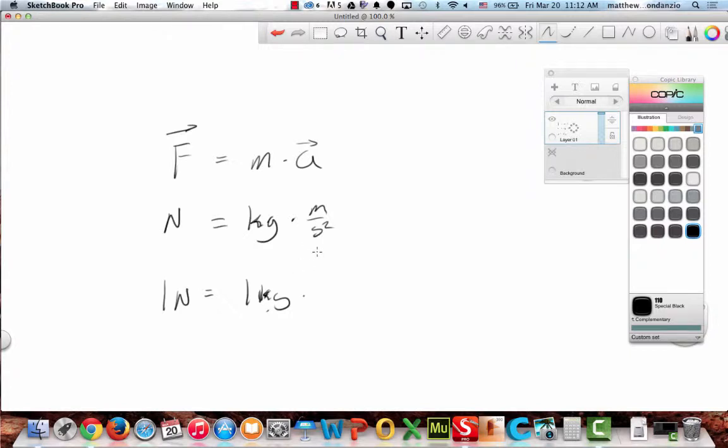How is it going to change its velocity? 1 meter per second, every second. So it's going to take 1 Newton of force to take 1 kilogram of stuff and change its velocity by 1 meter per second every second.